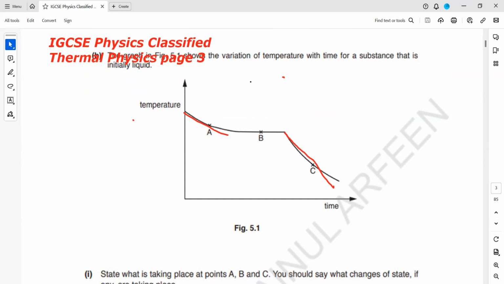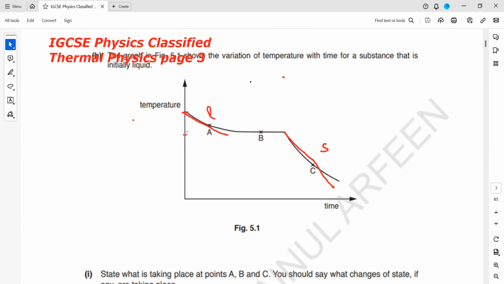This is because, as I mentioned, it is related to the concept of specific heat capacity. As you can see here, the substance is a solid here, and the substance is a liquid here.